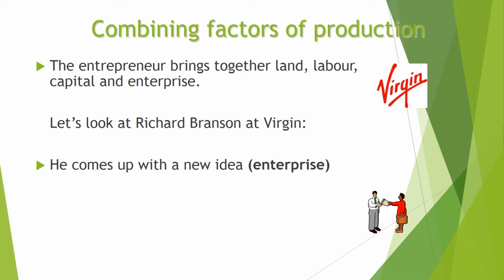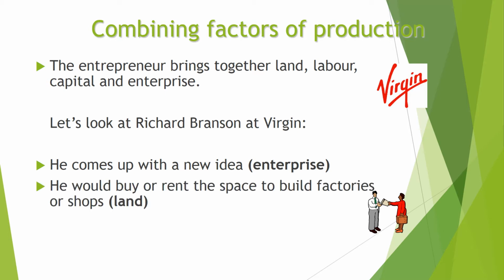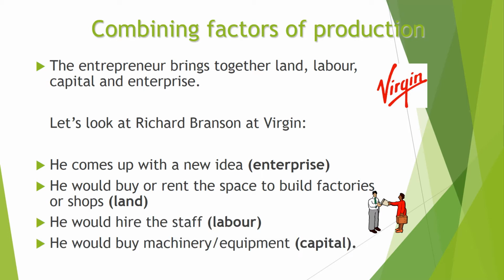That was him being an entrepreneur and putting it into practice, of course, the important thing. He would buy or rent space to build factories or shops, so he would be buying land, the natural resource. He'd hire the staff, who were the labour force, and he would buy the machinery and the equipment, which is the capital. So that's how the entrepreneur combines the factors of production, and remember, that's one of their big jobs.